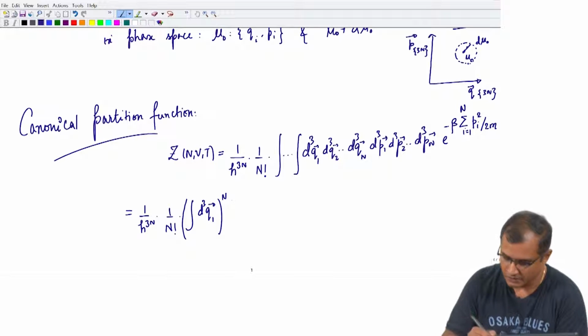The same applies for the momentum integrals. So, let me just write them after a small manipulation here.